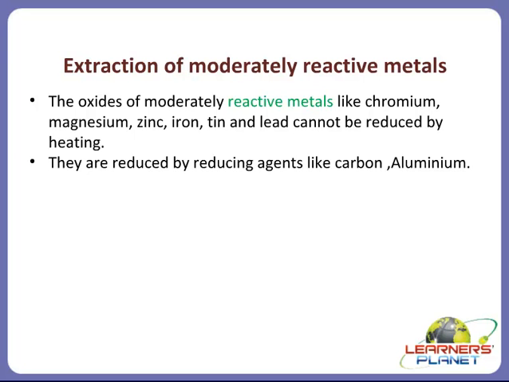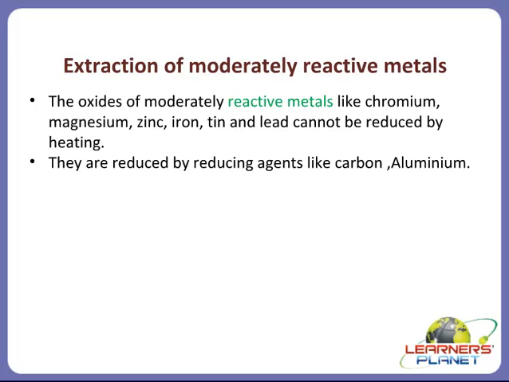Now what are the moderately reactive metals? These are the oxides of moderately reactive metals like chromium, magnesium, zinc, iron, tin and lead, which cannot be reduced by heating itself. So till now what you have done is the ore is taken and heated, converted to its oxide.